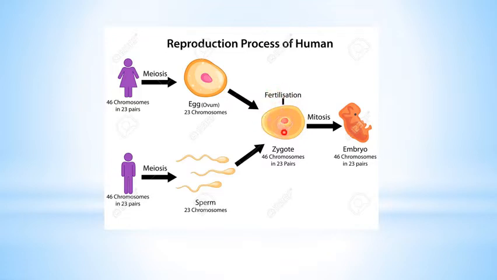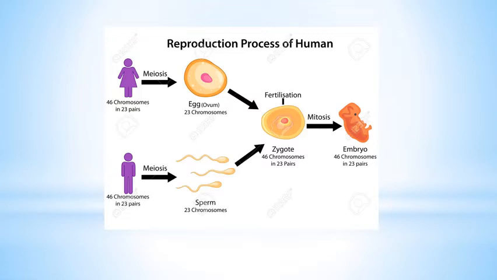Now this zygote undergoes mitosis, the equational division, to form the embryo, and that embryo will be implanted in the uterus. It will develop into the fetus within nine months, and then the delivery of the fetus or child takes place.